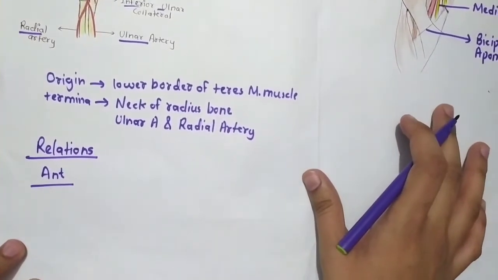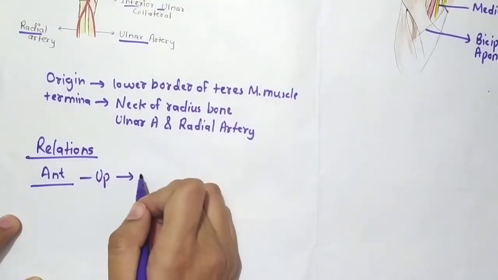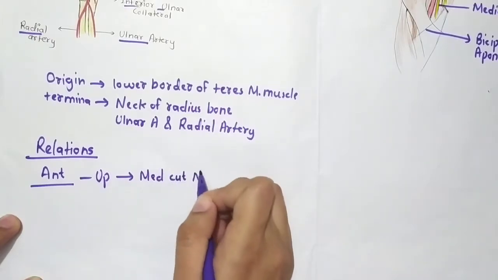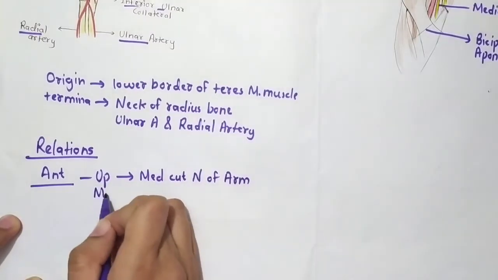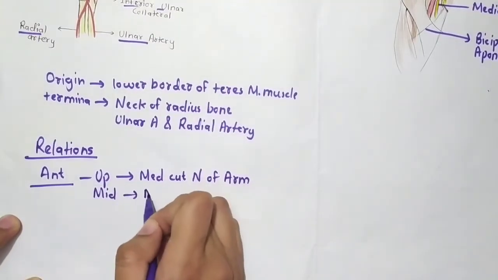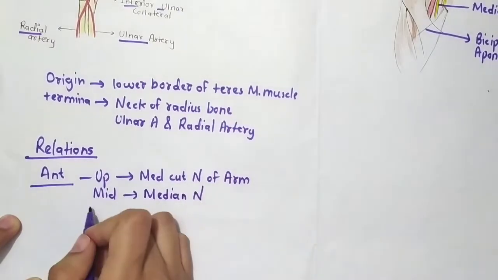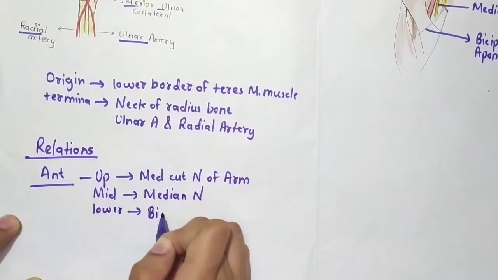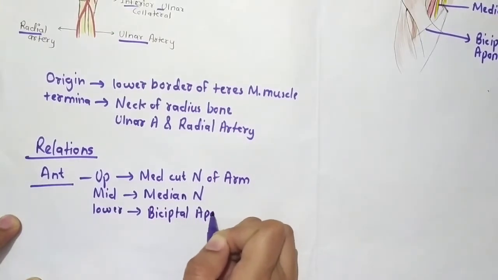So in the anterior relation: in the upper part, the medial cutaneous nerve of the arm; in the middle part, the median nerve; and in the lower part, the bicipital aponeurosis.